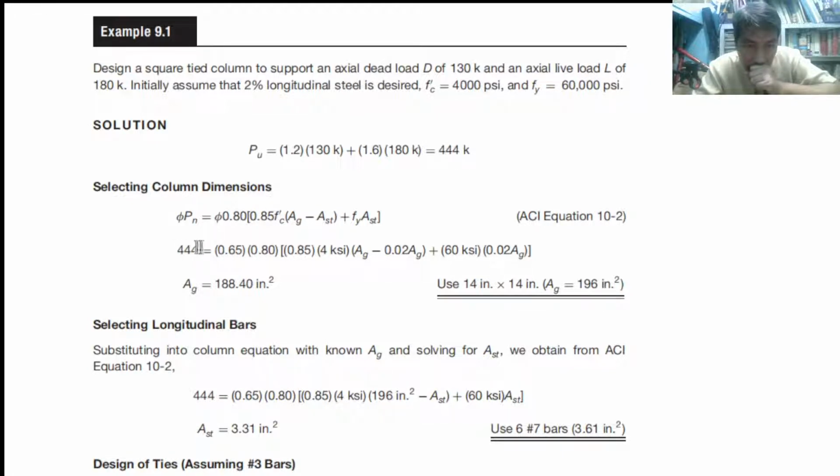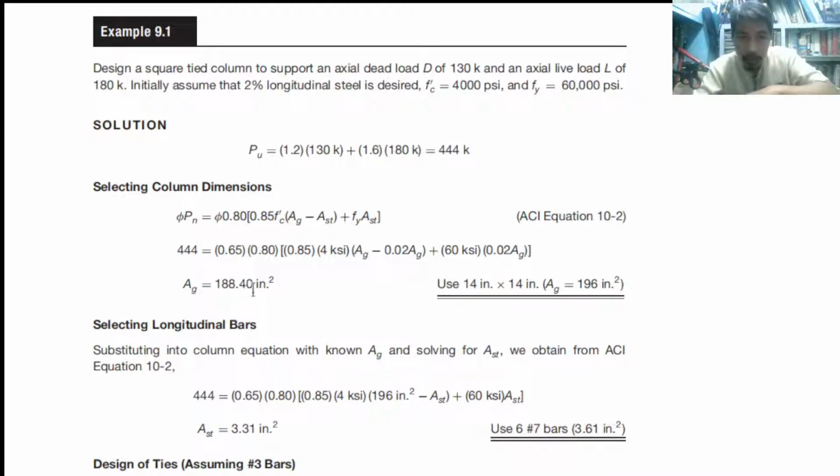So design or service load, design strength is equal to phi, 0.65 for tied column, times 0.8, then the quantity like this. Therefore, we can find out the value AG. AG is the area of the column.